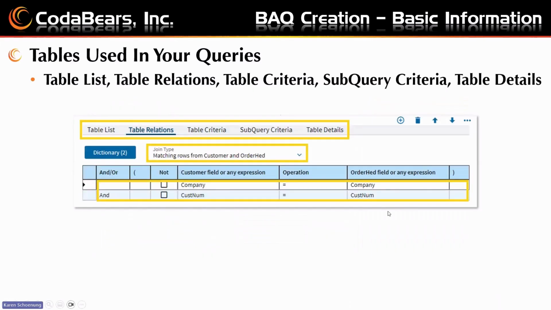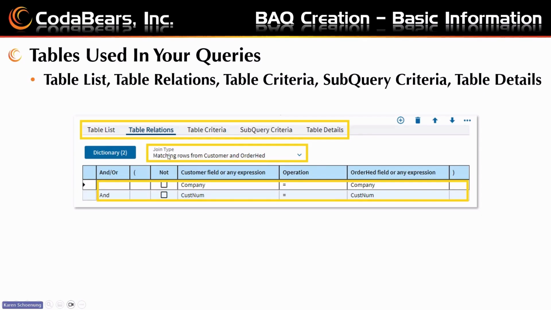So in addition, in your query diagram area on the lower half, you can see the tables list tab is the first tab, and it would list all of your tables that are shown in your query diagram. In this particular picture, we show the tab for table relations, which are shown when you click on the links between each of your tables. This shows the key fields that are used to link the two tables, and it shows the join type that's used to link between your two tables.